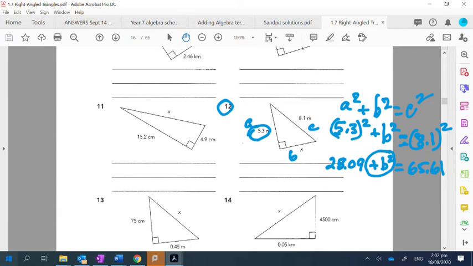It doesn't have a sign in front, which means we know it's positive. So the opposite of add 28.09 is what? Subtract it from both sides, right? Over here, it will subtract away, gives you B squared. Over here, what is 65.61 minus 28.09?